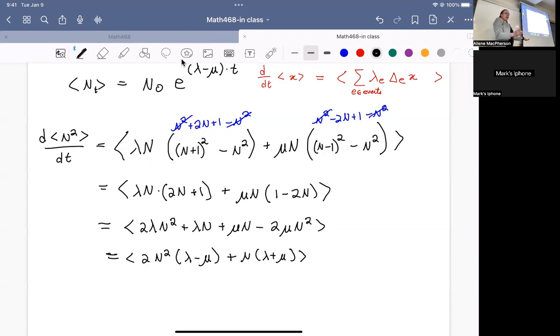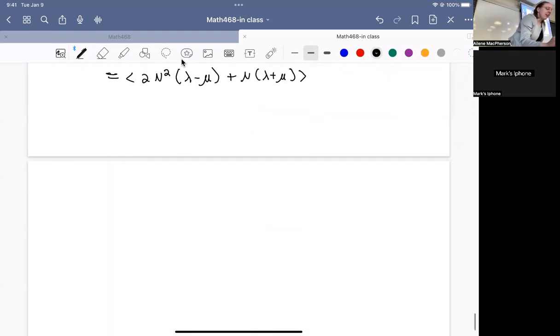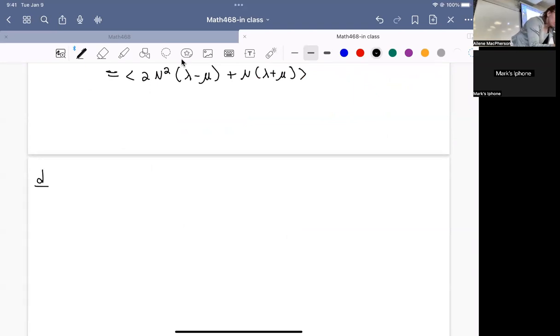Between now and Friday, when we resume, take a few minutes to think about how you would apply your expectations. Okay, and then I'm going to give you one more challenge. You can choose to do this or not: try to figure out what the rate of change in the variance of n would be.